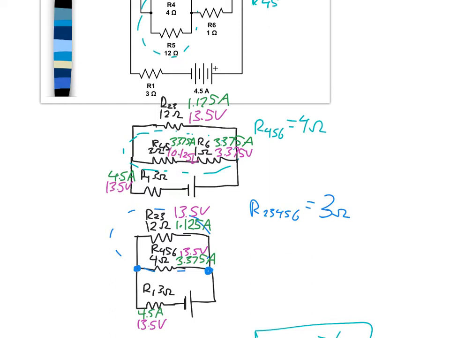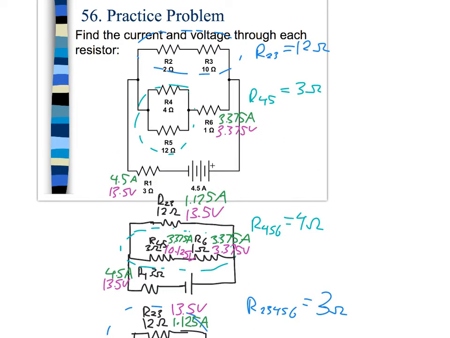Now we can step it back one final time to get back to our original circuit. So I went in and filled in the ones that don't change. So that would be this R1 and this R6. They're the same as they were in this circuit. What we need to do now is expand out this R45. Those two were connected in parallel, so they each get the same voltage. So this R4 is going to be 10.125 volts, okay, and R5 is going to be 10.125 volts as well.